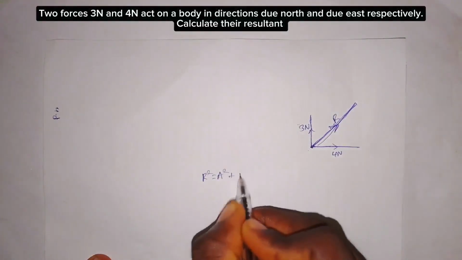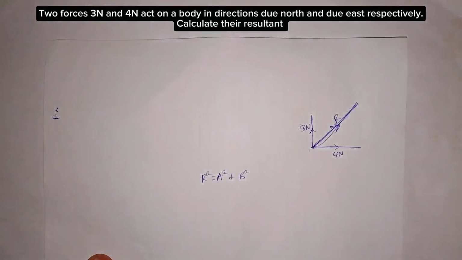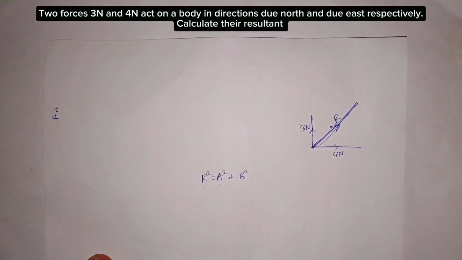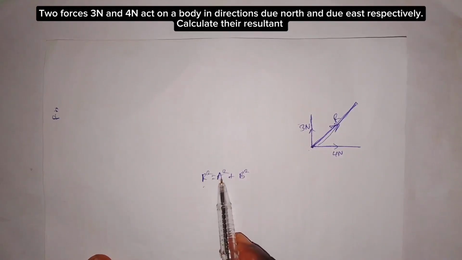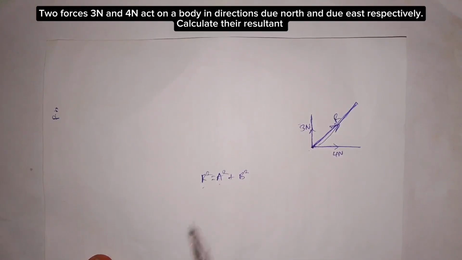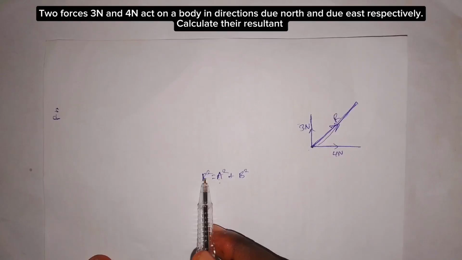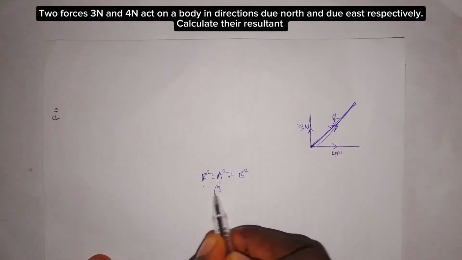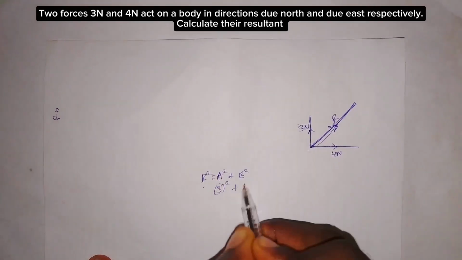R square equals a square plus b square. In some textbooks it will be r square equals p square plus q square. It is the same thing. I just love using a and b. So r square equals a square plus b square. Our a is 3, then our b is 4.